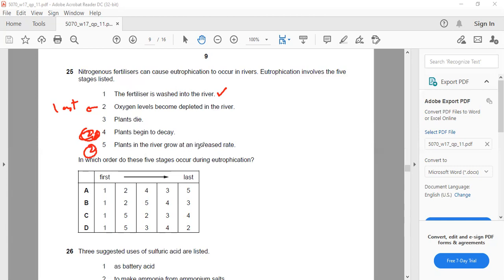So sunlight is restricted and the plants die. This is number 3. When plants die, because of the lack of photosynthesis, because the sunlight does not reach, the plants start to decay. And then oxygen is used by bacteria to decompose, so lack of oxygen.